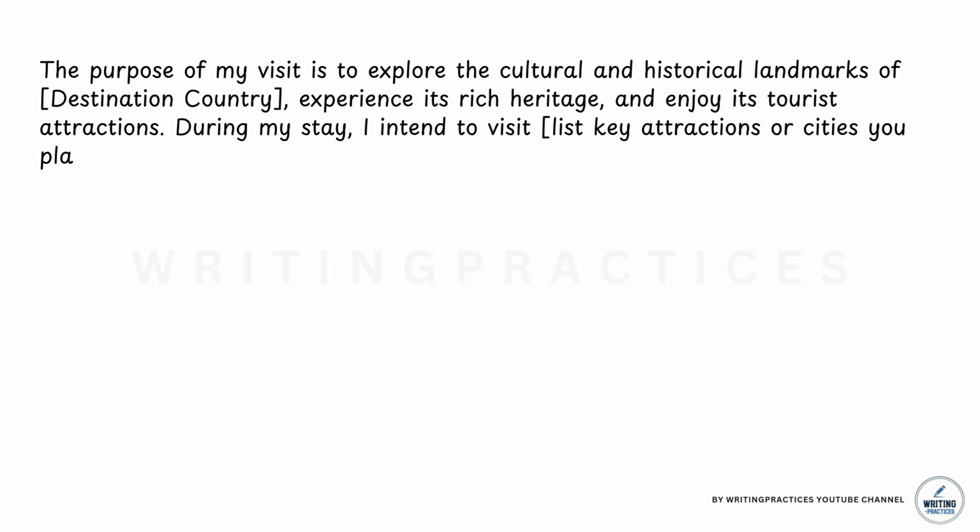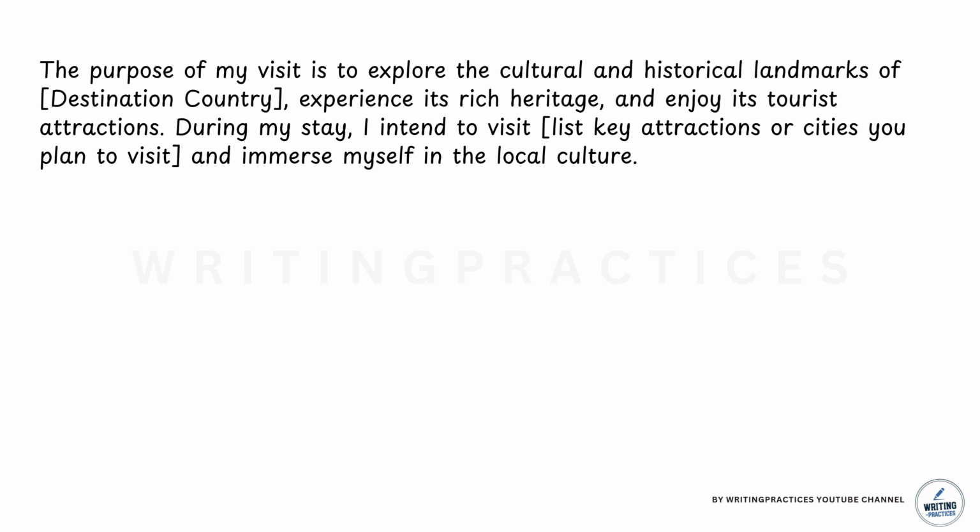During my stay, I intend to visit Paris, including the Eiffel Tower, Louvre Museum, and Notre Dame Cathedral. I also plan to explore the beautiful cities of Nice and Lyon to immerse myself in the local culture. This section reassures the visa officer that your trip is purely for tourism and that you have a clear plan.